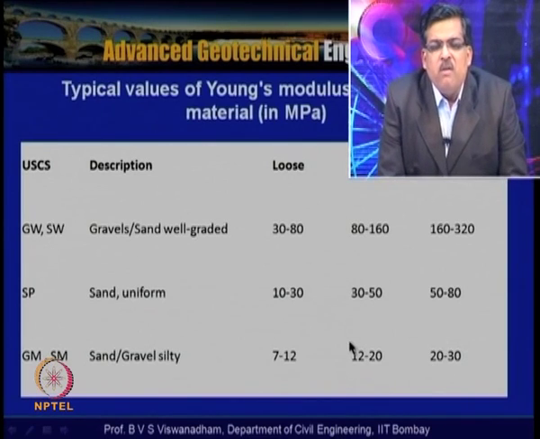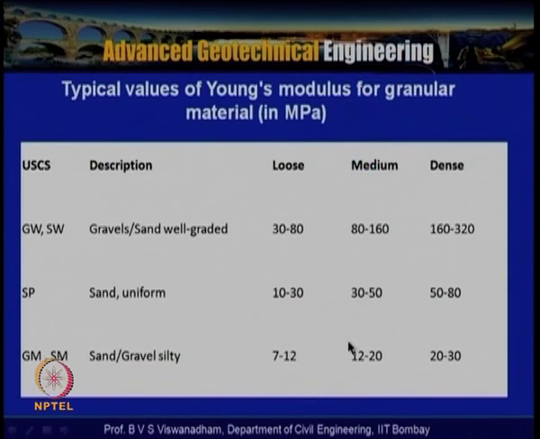And there are typical values of Young's modulus for granular material, particularly here we have the US Unified Soil Classification System. According to that, for granular materials the typical Young's modulus values are all reported in megapascals.